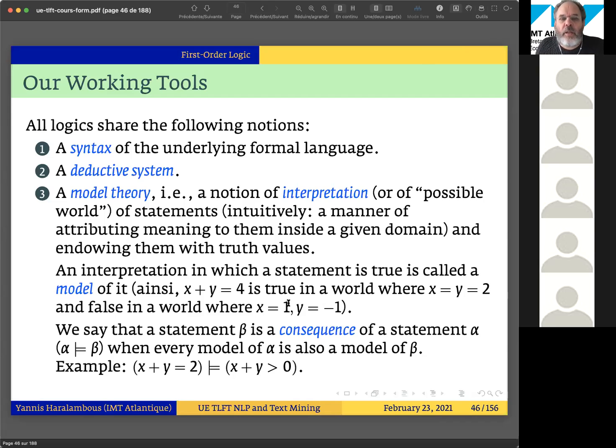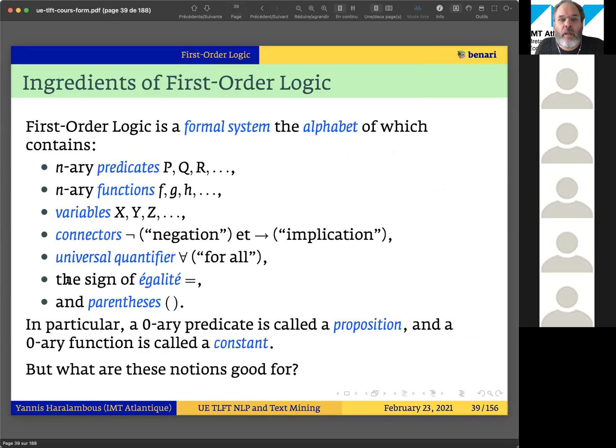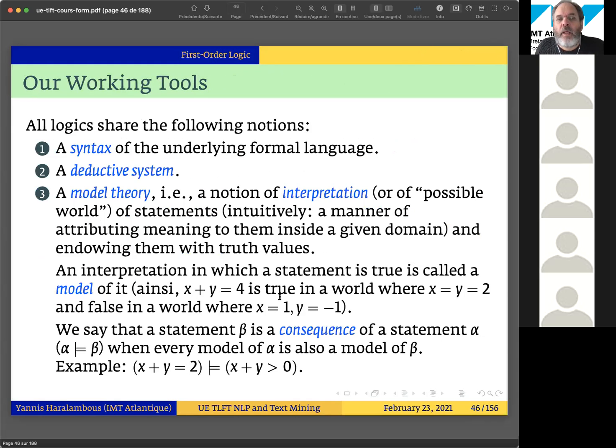And here you have an example. This is a formula. It's syntactically correct. The plus is a function between X and Y. The equal sign is a predicate. I mentioned it here. Now, is this formula true?